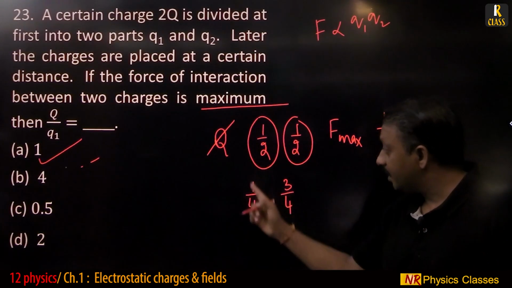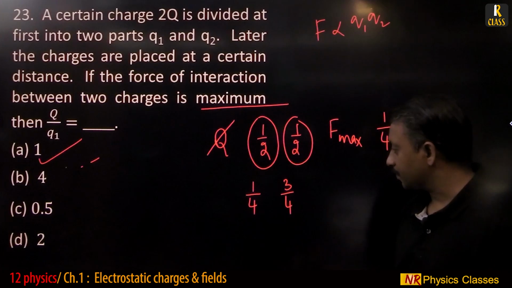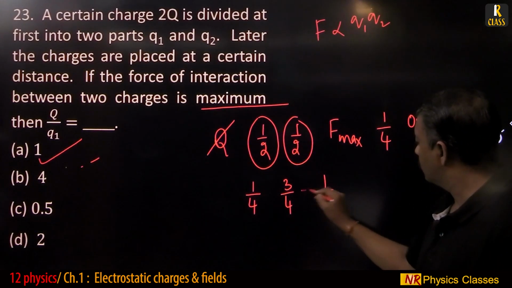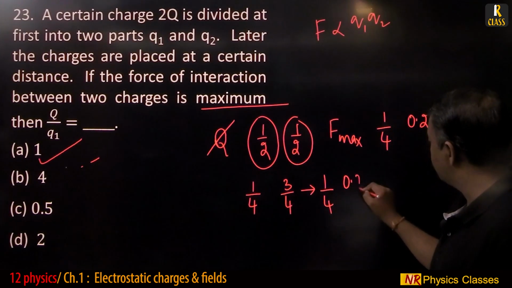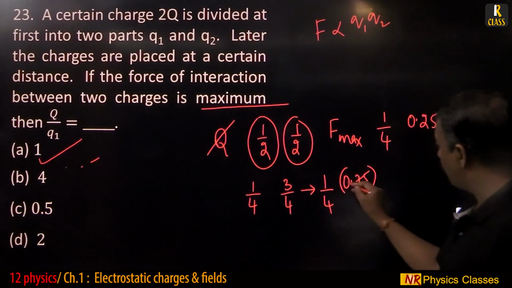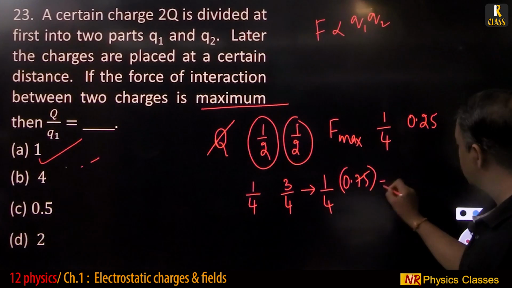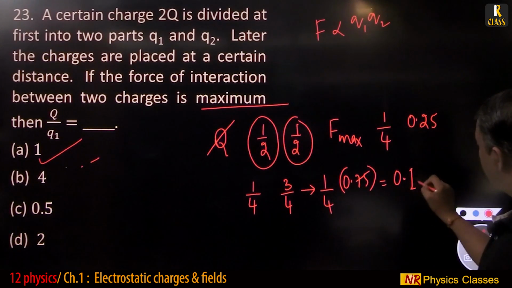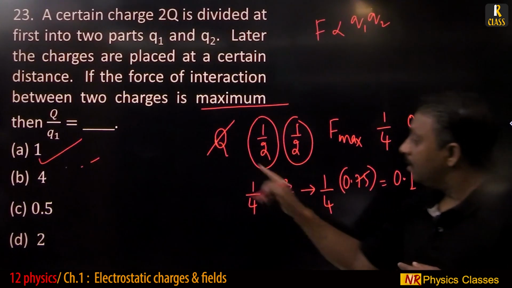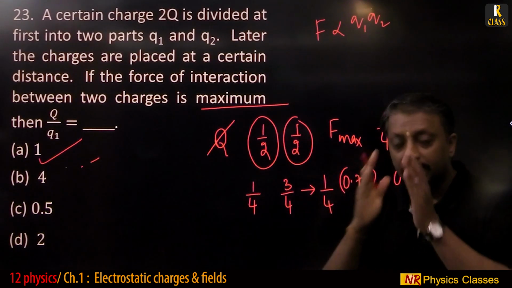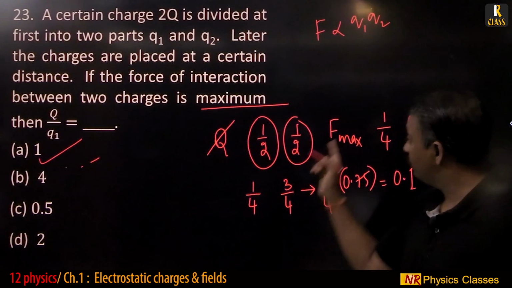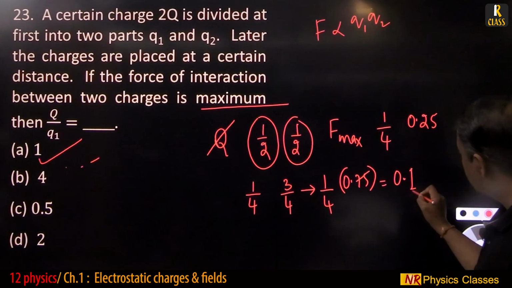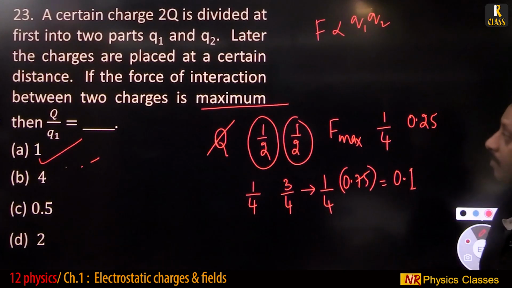Now, if it is divided into 1/4 and 3/4, 0.75 by 4 is less. If you split the charge equally, then force is maximum. If you split unequally, then force is less than the maximum.